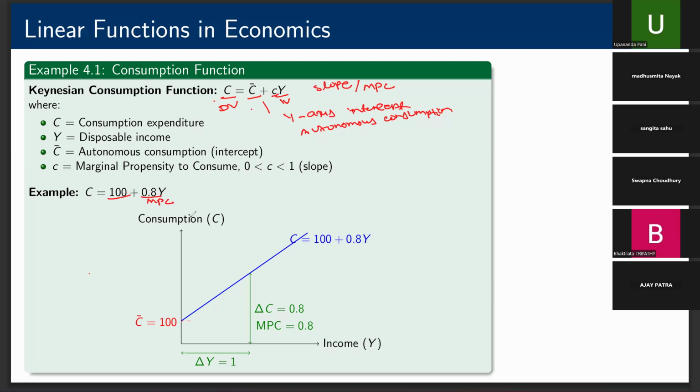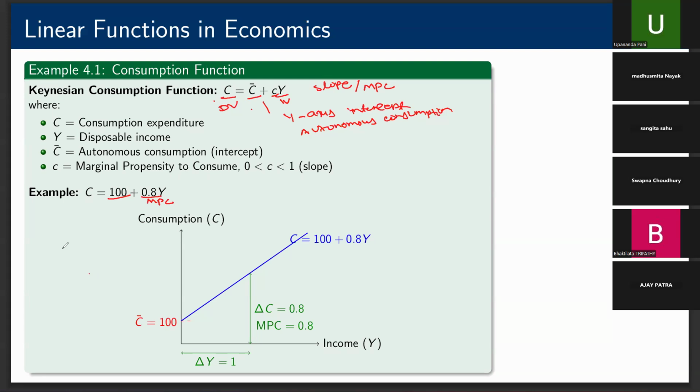How is the marginal propensity to consume defined in economic interpretation? If my income is increased by 1 rupee, how much will my consumption increase? That is my MPC. What is MPC? 0.8. That means if income is increased by 1 rupee, my consumption will increase by 80 paise. This is the interpretation of slope in the consumption function.